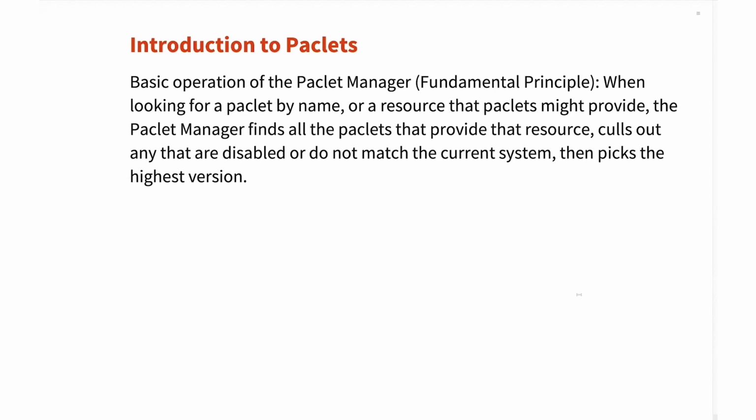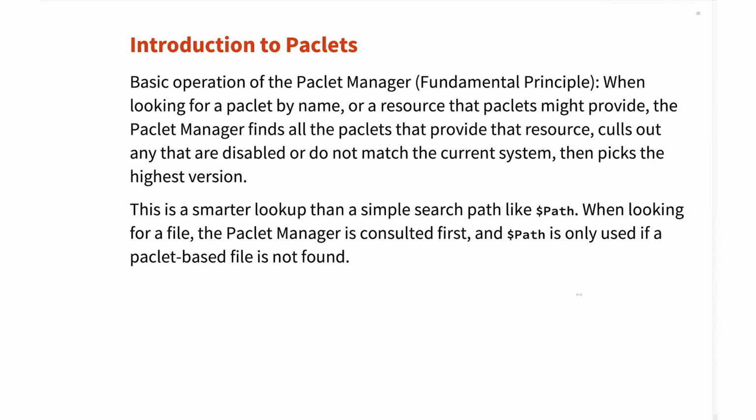Then it takes the one from the Paclet with the highest version number. That's a much smarter lookup than your standard $Path-based lookup, which is just a linear order of lookup. And you should know that when the kernel looks up a file or almost any other kind of resource, the Paclet Manager gets the first crack at finding it. So something like $Path is only consulted if the Paclet Manager cannot find the file.